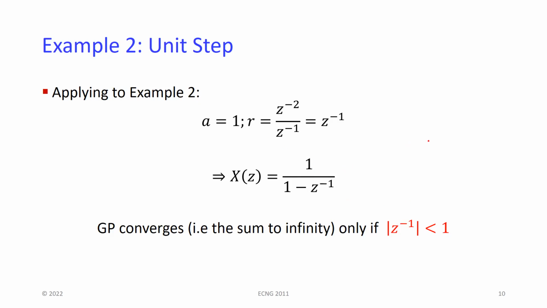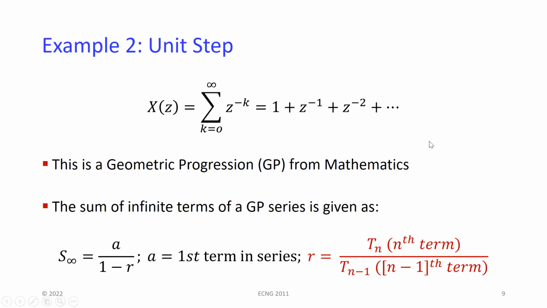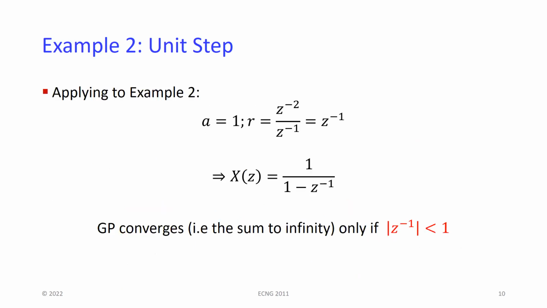In this little formula, A is the first term, and it only converges if mod R, the magnitude of R if we're dealing with complex variables, is less than 1, otherwise this thing can't converge.